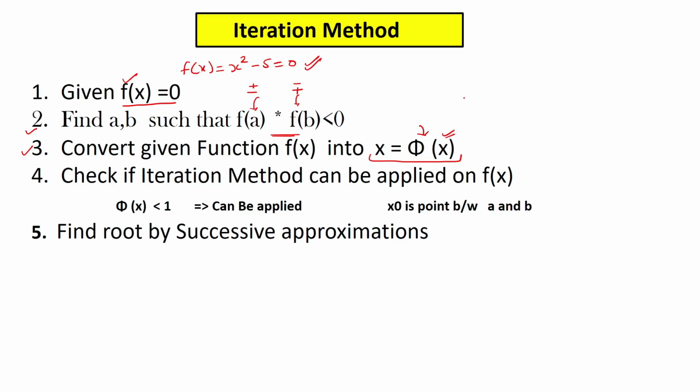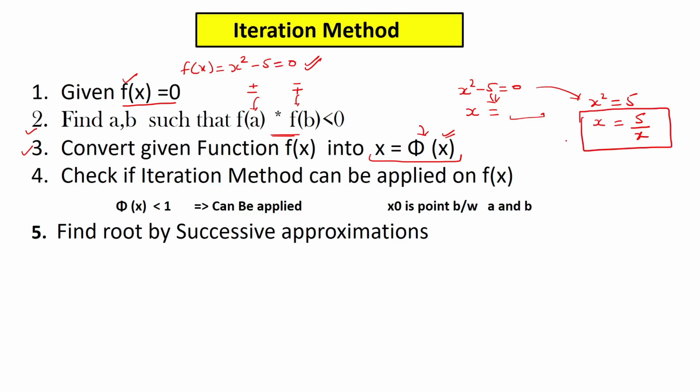We have this function; now on the left hand side there should be x, and on the right hand side there should be some function. That means we have to rewrite this function. We can say x square equals 5. Now if we write x equals 5 upon x, then we get this form, right?